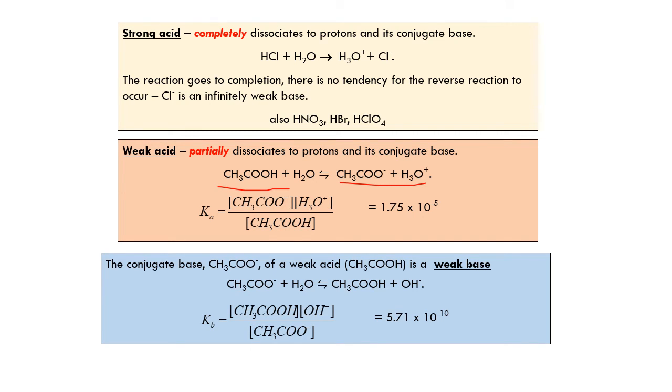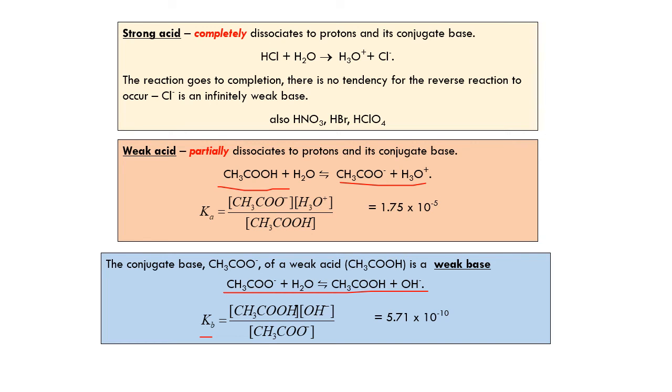divided by the concentration of the acid. The conjugate base of acetic acid is your acetate ion, and this acetate ion is a weak base. So if we look at its dissociation in water, represented by this equation here, this dissociation can also be expressed by an equilibrium constant, which is our base dissociation constant, related to the products of that dissociation again: the concentrations of acetic acid and hydroxide ions divided by the concentration of your acetate ion.